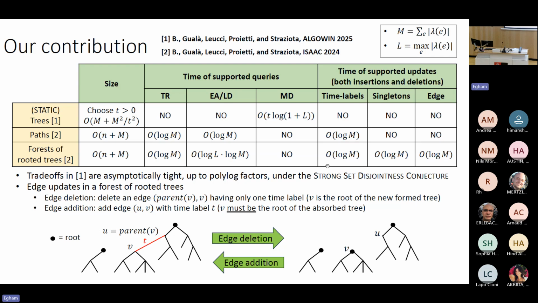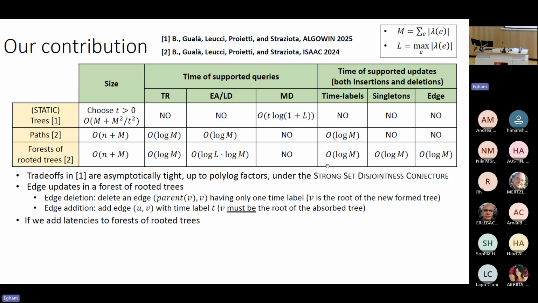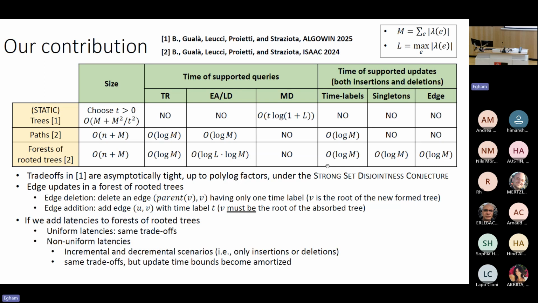And for the last result, we can also add latencies. For uniform latencies, we can prove the same trade-offs that we see there for the model without latencies. And if the latencies are non-uniform, then we have the same trade-offs, but the update time bounds that we see there for all the three update operations become amortized. And the trade-offs hold only for the incremental and the decremental scenarios.